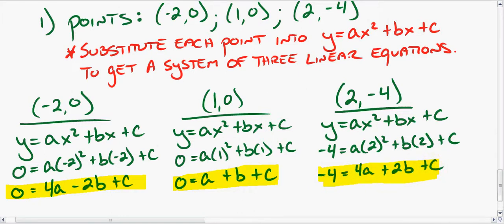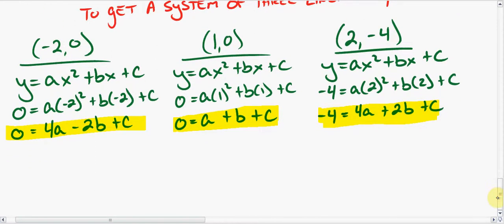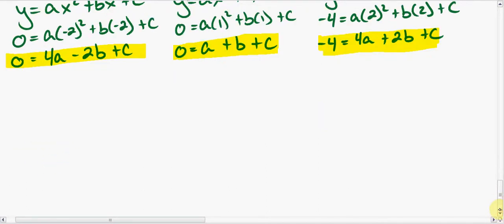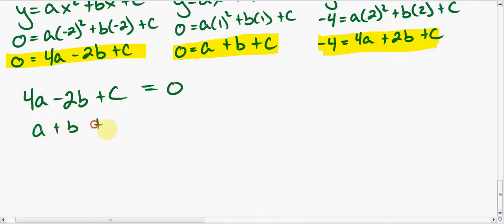So once I do that, I'm going to write this system out, and I'm going to basically switch it. Instead of having 0 equals, I'm going to write it the way we're used to seeing a system. I'm going to put 4a minus 2b plus c, and I'm going to put the equal sign on the right-hand side for all 3 of them. So just basically swap locations. Here I've got a plus b plus c equals 0.